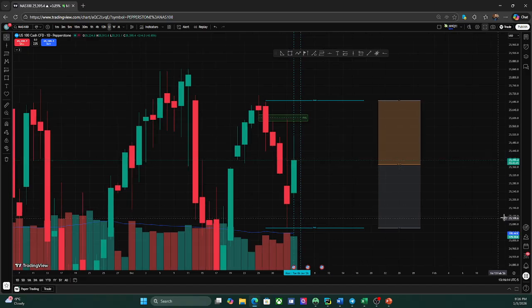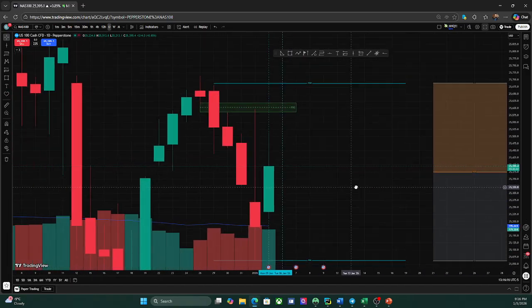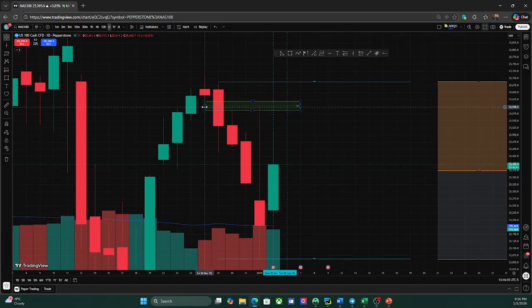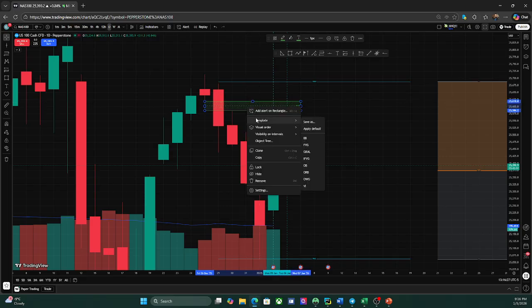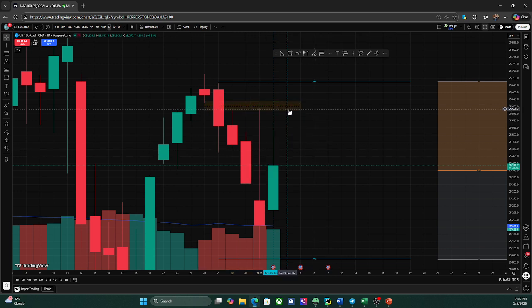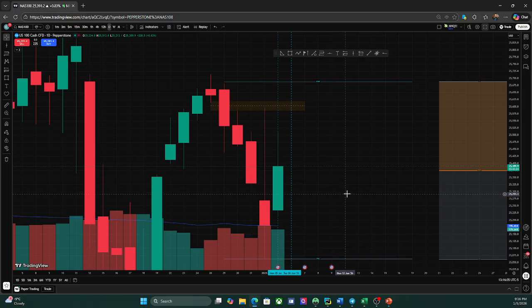But what happened before this daily fair value gap is that we have another one behind, so this makes it an inversion fair value gap. That's why I'm drawing it in a different color. I have different templates, so this is the inversion fair value gap, right? That's why I'm drawing it like this.